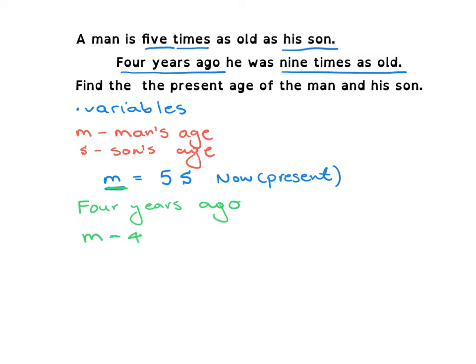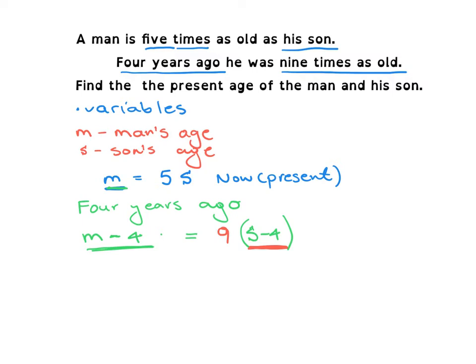And if the current son's age is S, then 4 years ago the son's age was S take away 4. And 4 years ago the man was 9 times as old as his son.